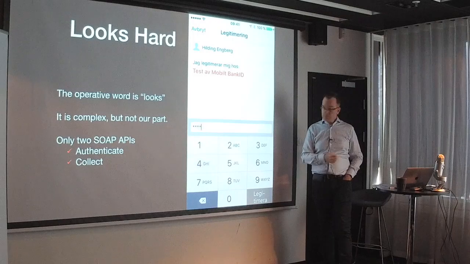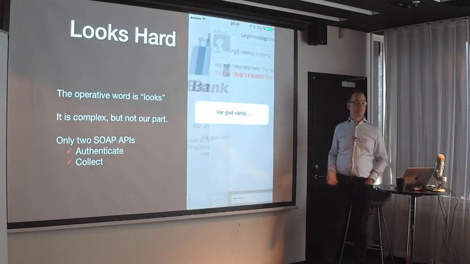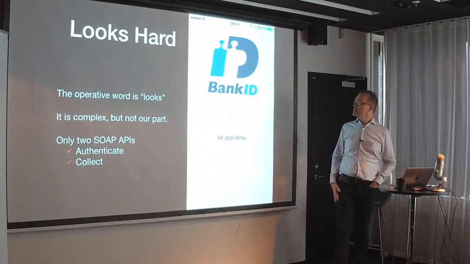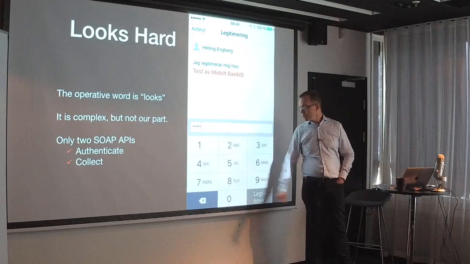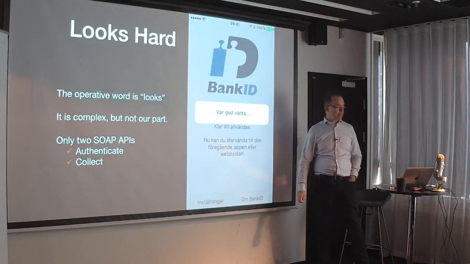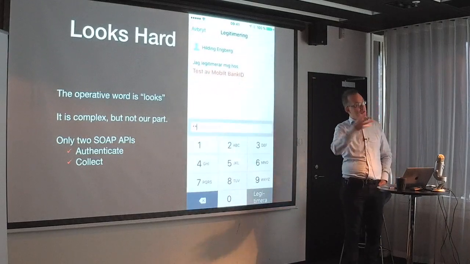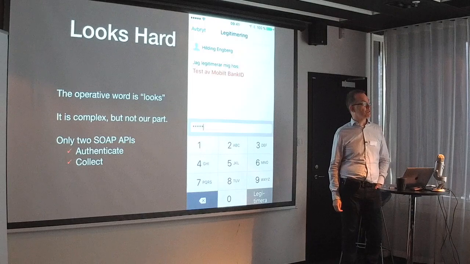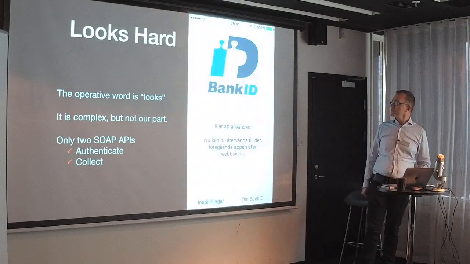And what I show here is the actual challenge. Everyone that uses this has, of course, seen this many times. You get up your challenge, you enter your code, and when you're done, you say verify, and then your website figures that out, and you get in to do whatever it was you wanted to do. So that is what this is all about.